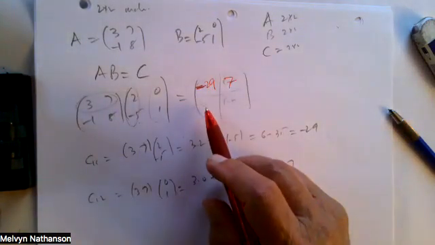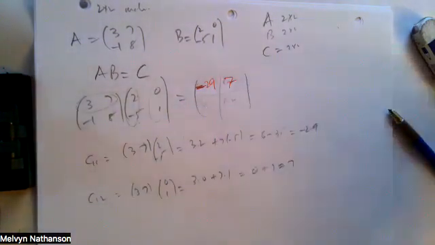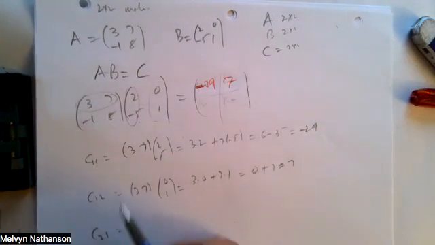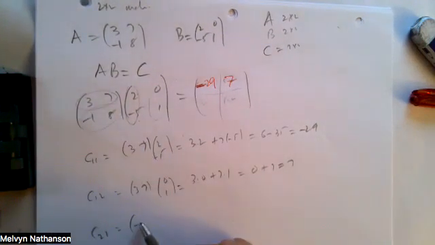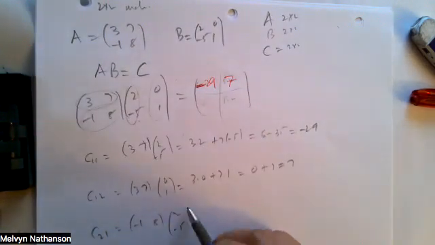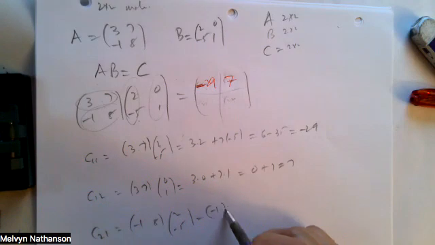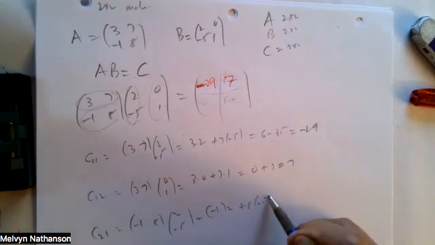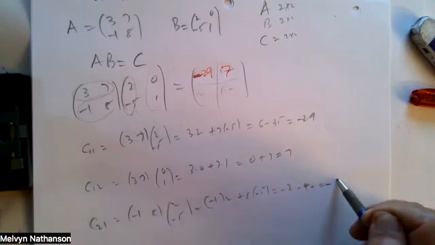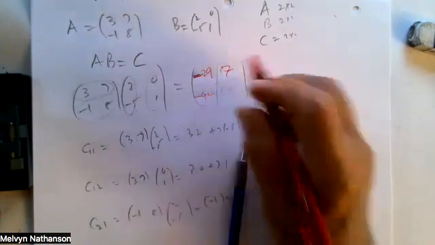This is the second row, first column, C21. I take the second row of A and the first column of B. That's minus 1 times 2 plus 8 times minus 5. That's minus 2 minus 40, which is minus 42. So this number is minus 42.